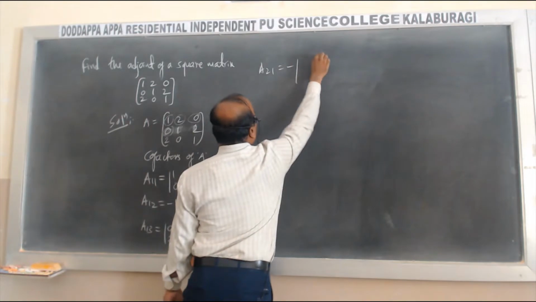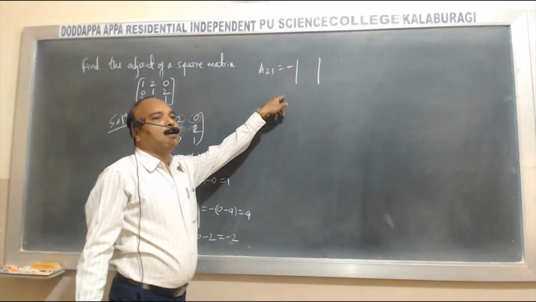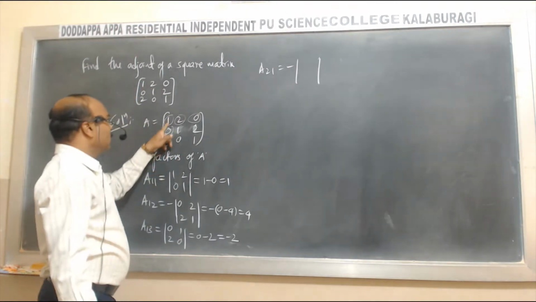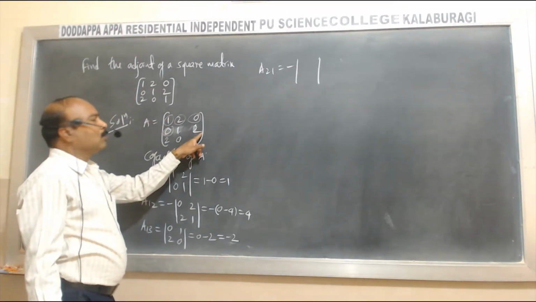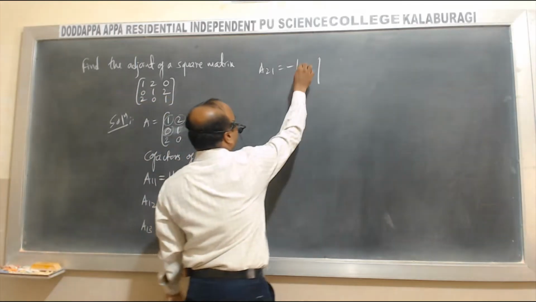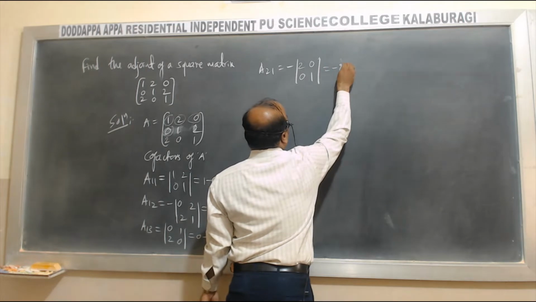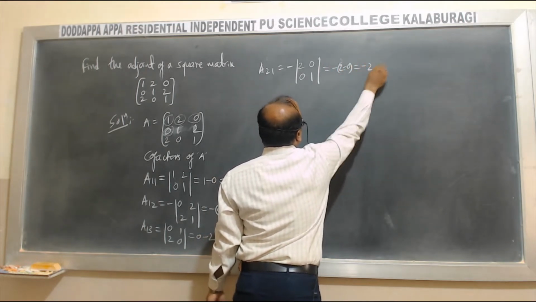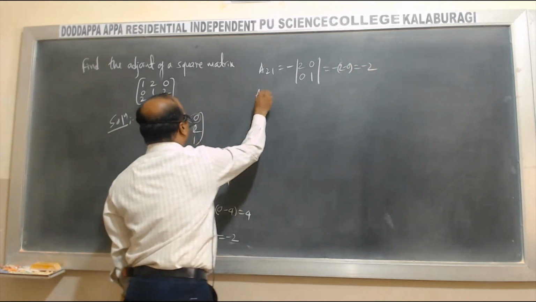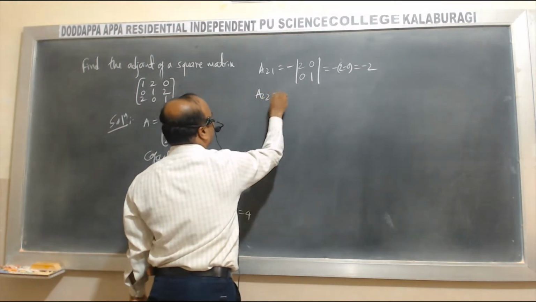It is minus of the determinant, because 2 plus 1 is odd. Deleting its row and column, we get 2 0, 0 1. So this is minus of 2 minus 0, which is minus 2.